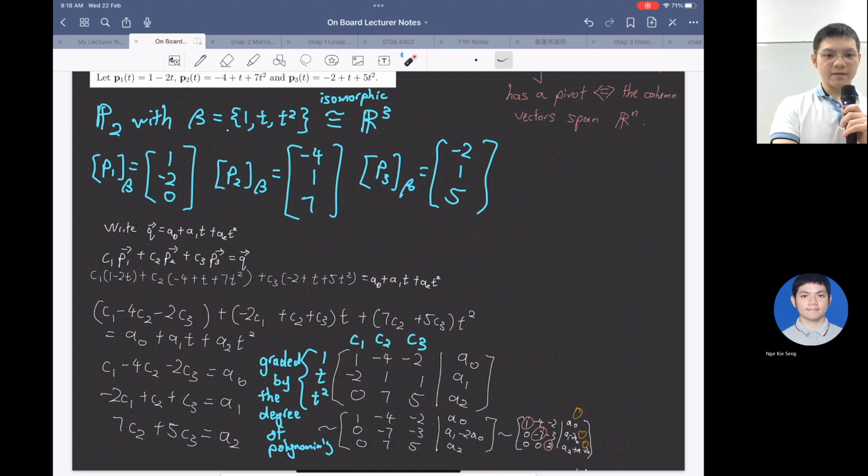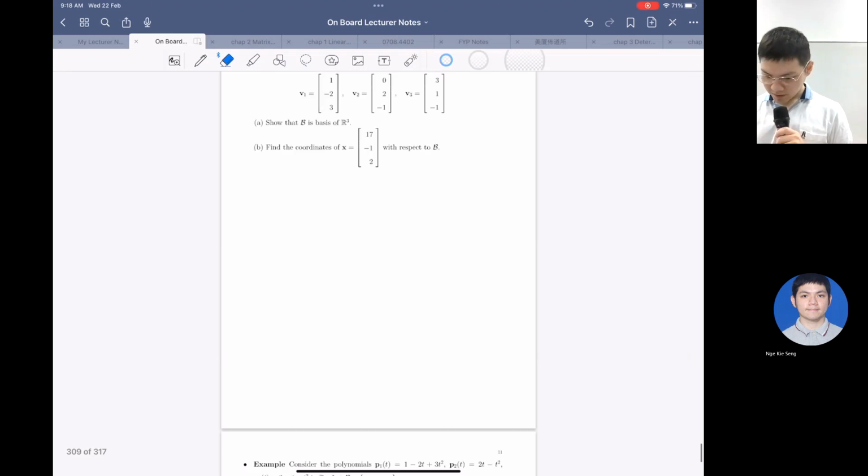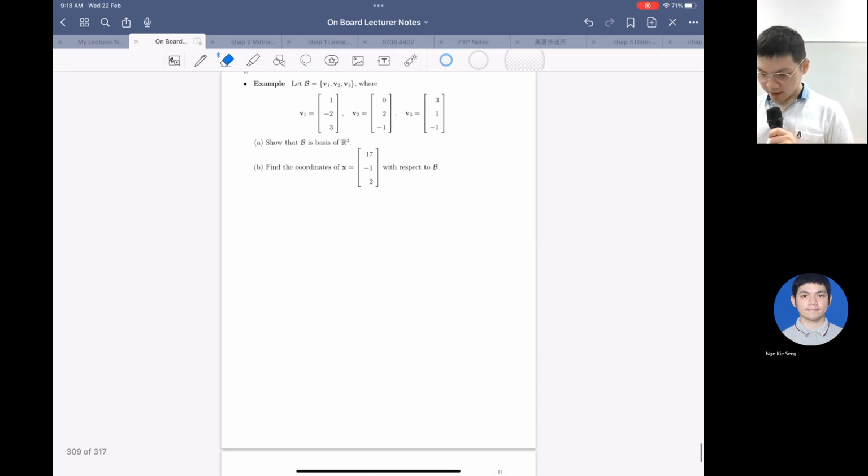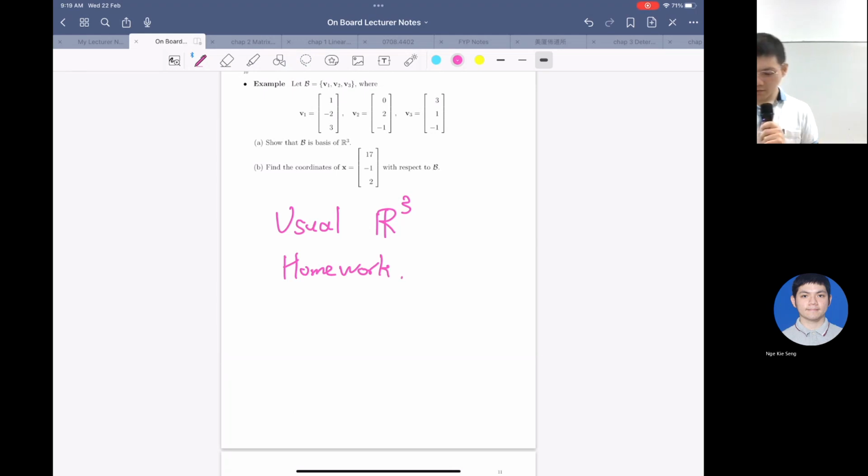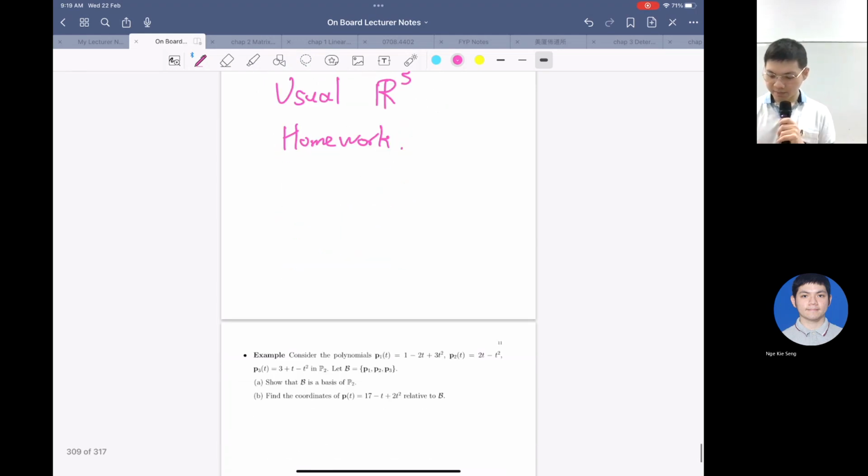Maybe we do some examples and then see how to use it. So let's say this one is the usual one, the usual Rn, R3. So this is left as homework, then we will compare answers afterwards.